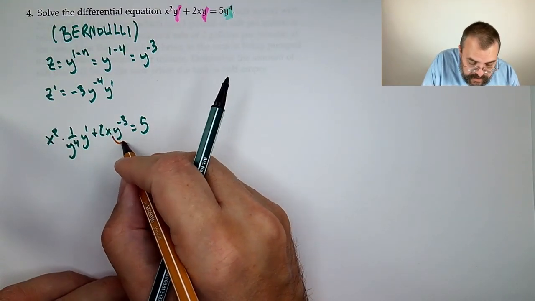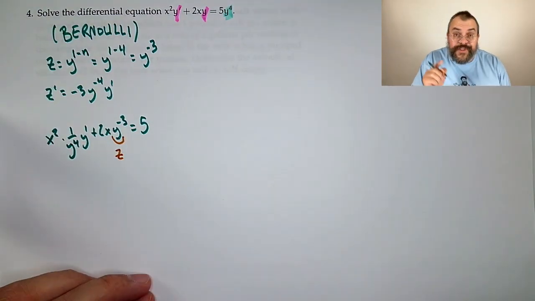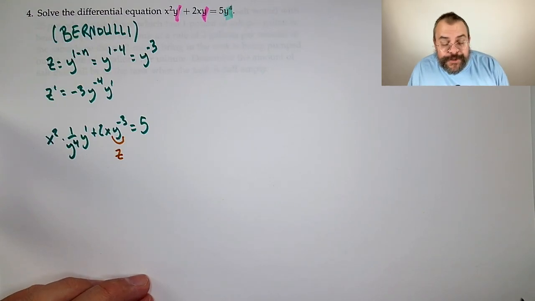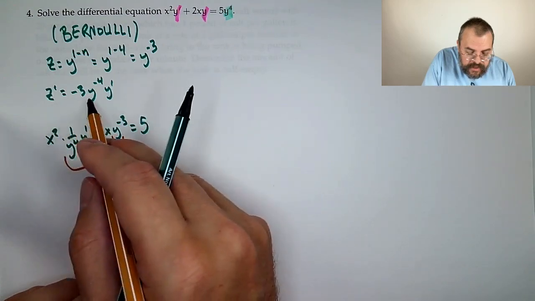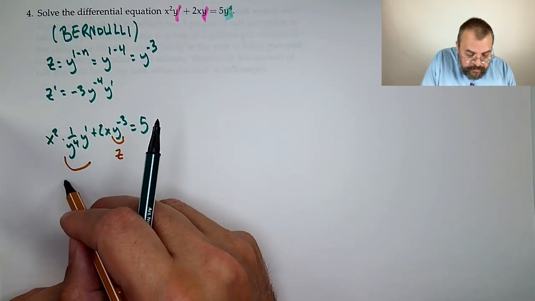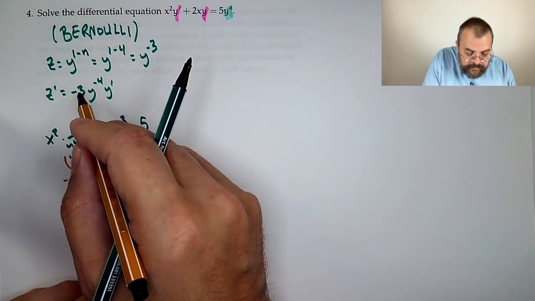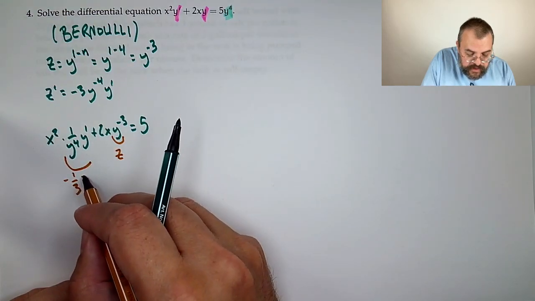The y to the minus 3, that's our z. And here that's almost our z prime, but we have to account for that minus 3. So that's minus a third z prime.